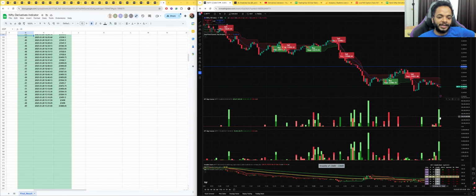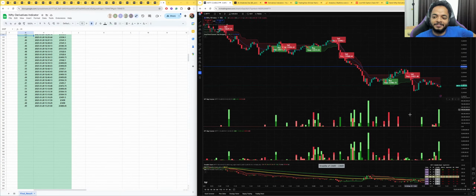How much put writing has happened here? 43.9, so almost 44 CR of put writing happened, and now you see, it's like magic. The push is coming, and yes, this is a good amount of put writing.